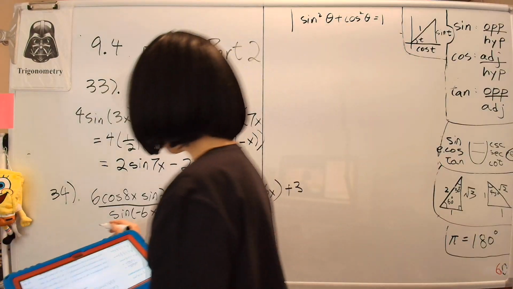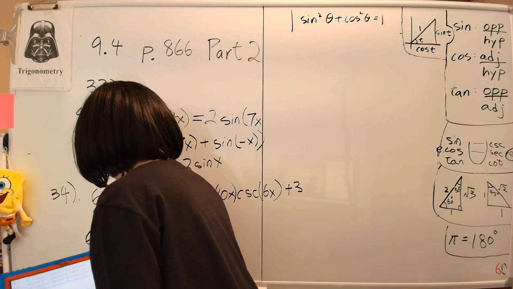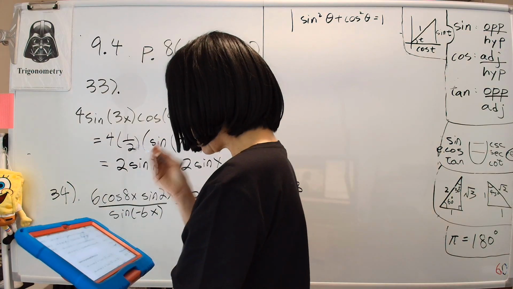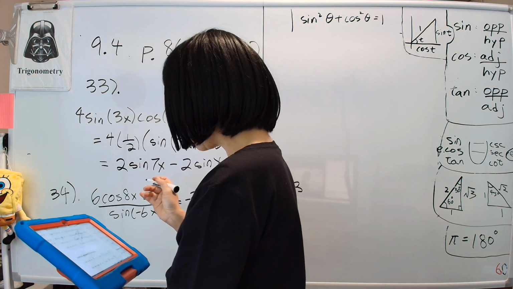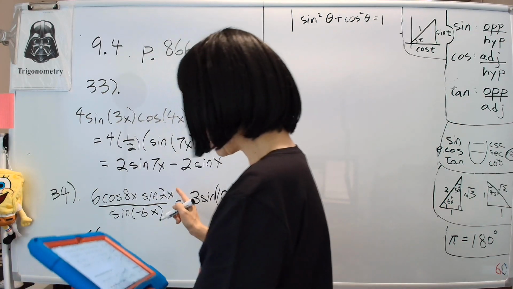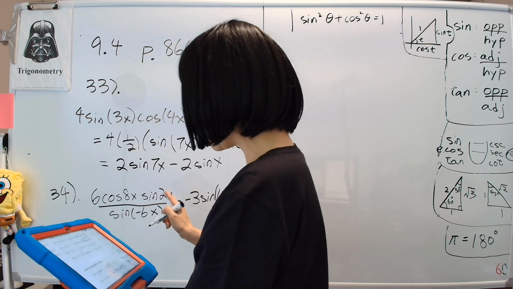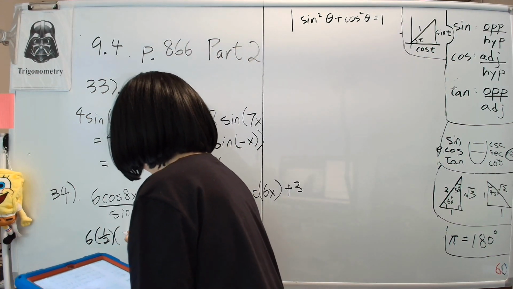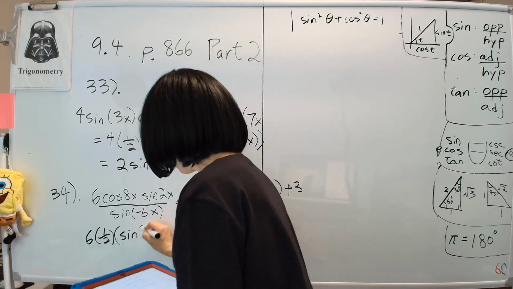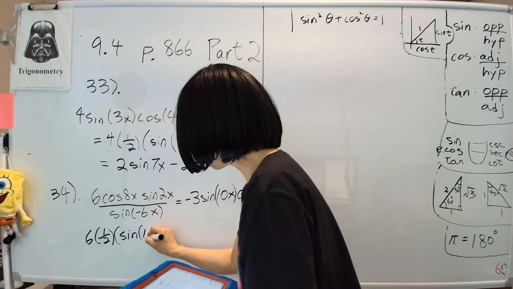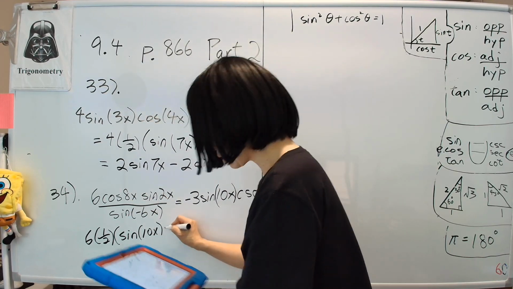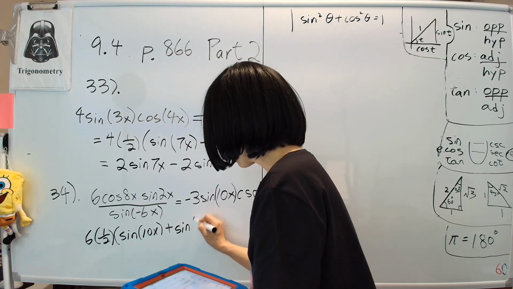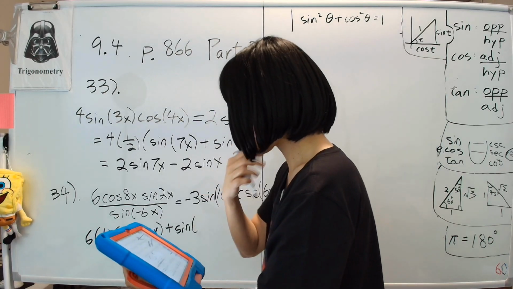So we have 6 times 1/2 of the sum plus the difference. First we'll do the sum with sine. What's the sum? 8x plus 2x is 10x, and then plus the difference.